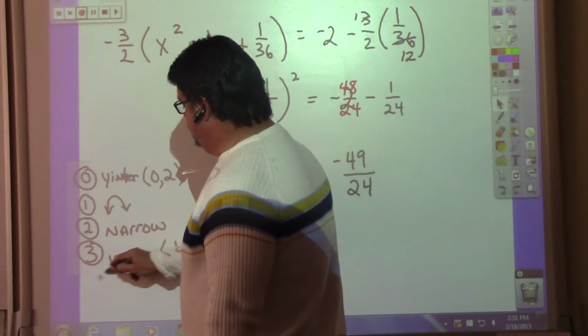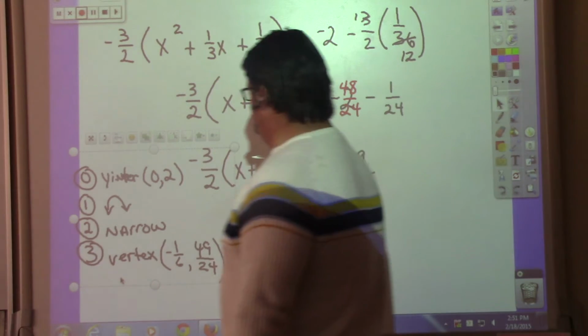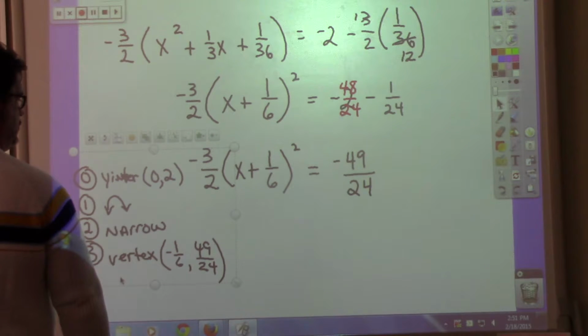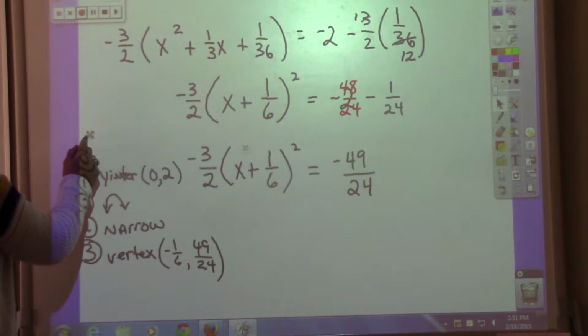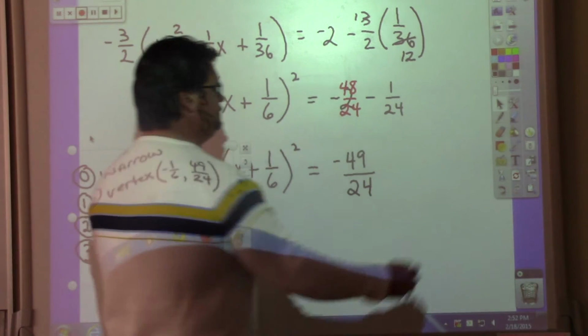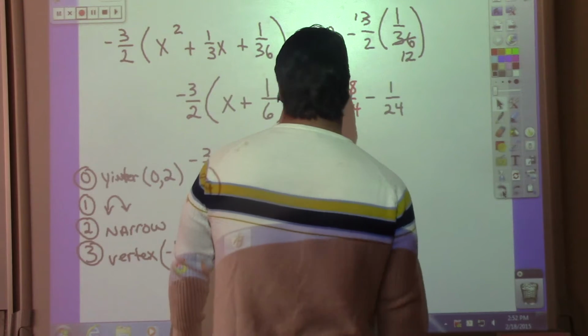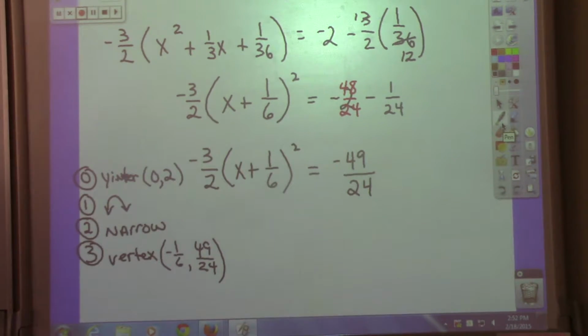Now you see why I really harp on completing the square? Quadratic formula doesn't give you nothing but what? The x-intercepts.